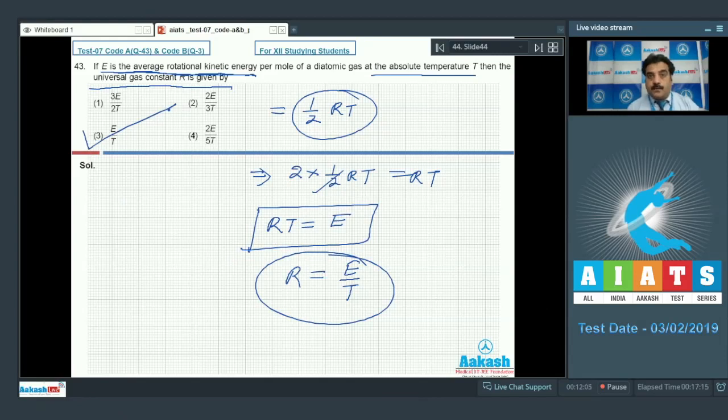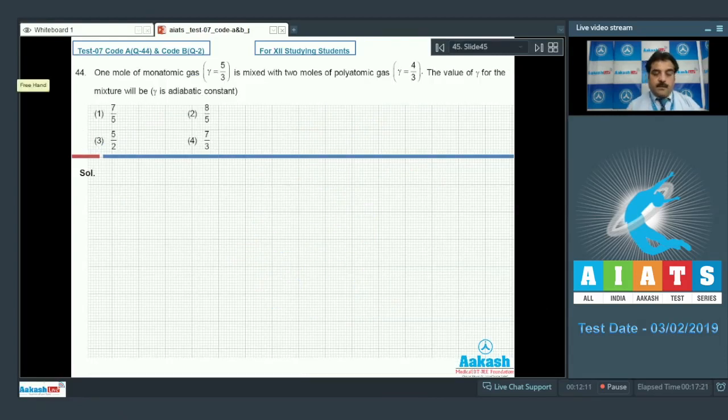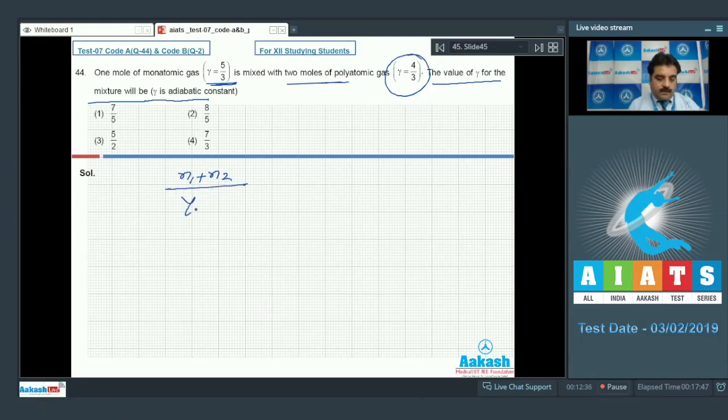Let's move on. Question number 44. In question number 44, 1 mole of a monoatomic gas is mixed with 2 moles of a polyatomic gas, and gamma is the adiabatic constant. The value of gamma for the mixture will be, okay. The formula for the gamma of a mixture, N1 plus N2, I would like to suggest you memorize this.